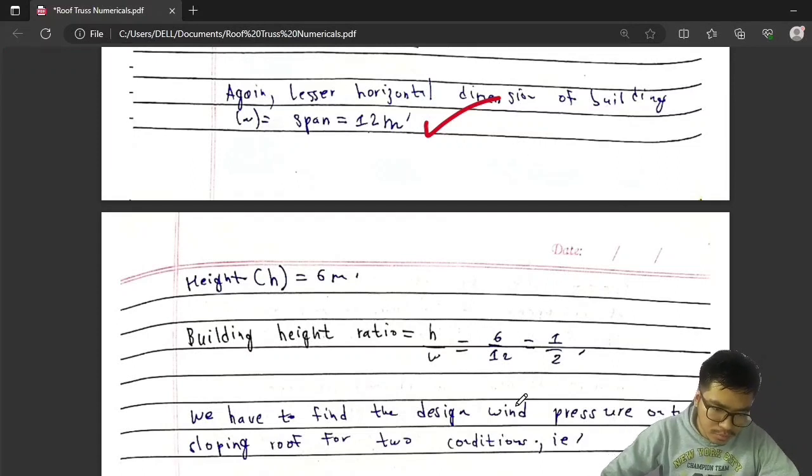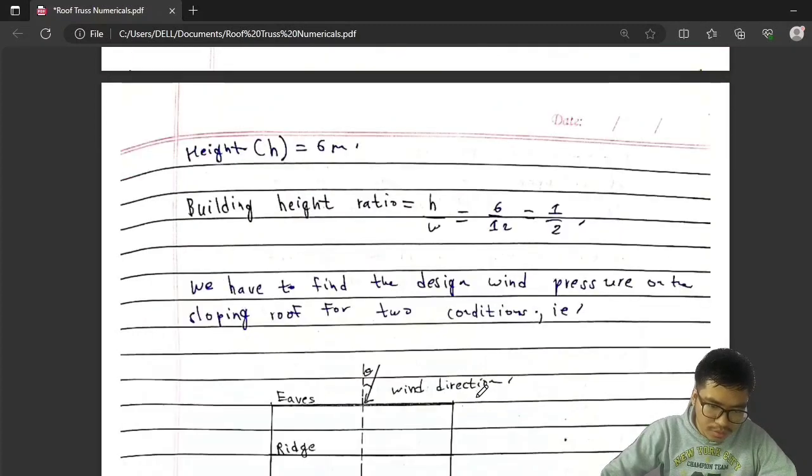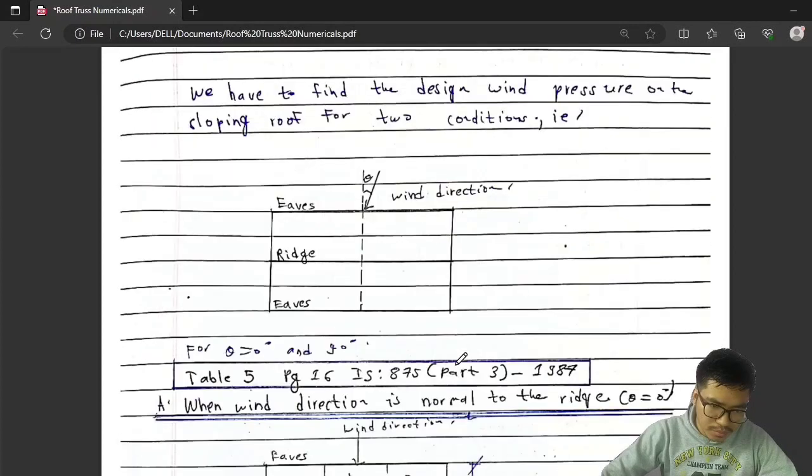So we have to find design wind speed and wind pressure on the sloping roof for two conditions. Condition 1 is when direction is normal to the ridge.